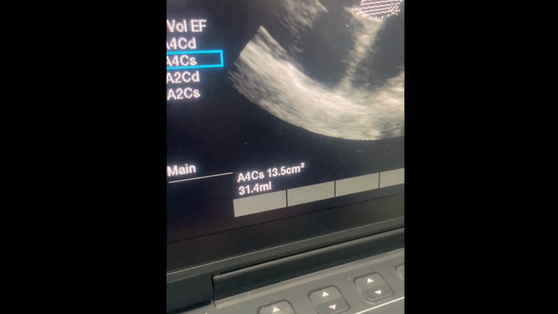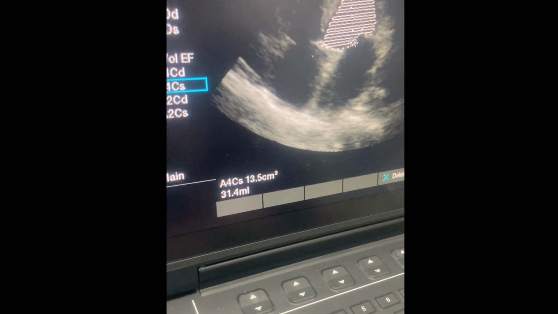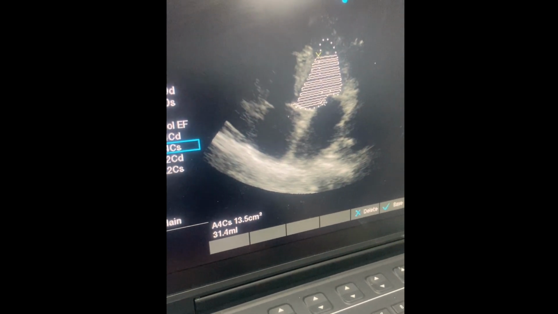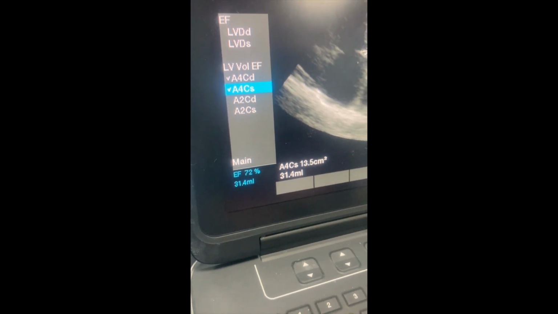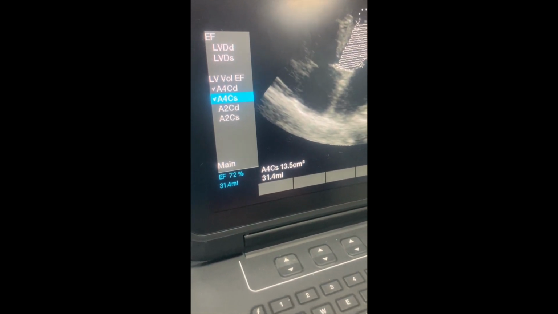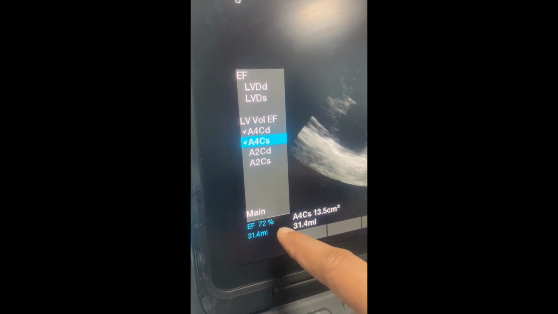That is around 31.4 ml. So we can calculate the ejection fraction with a formula. So you can see that this machine automatically calculates the ejection fraction, that is 72%.